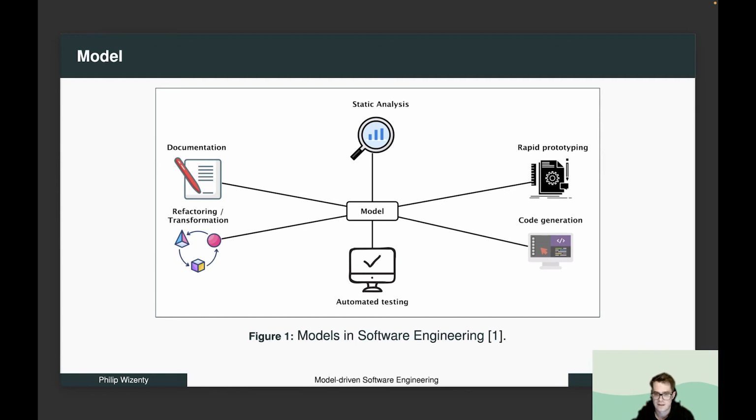However, models can also be used for refactoring or transformation purpose. By refactoring the software to increase its quality, models automate certain aspects by providing transformation, for example, by switching the programming language or integrating some new framework into the software.